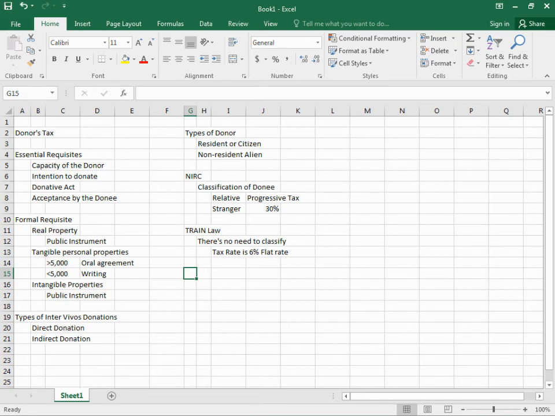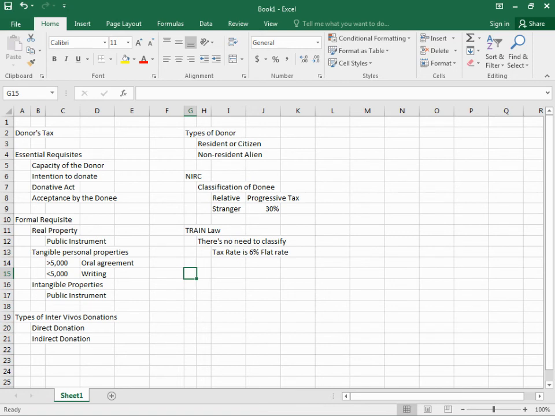Kapag specific renunciation, i-specify mo kung kanino mapupunta yung inheritance mo. Di ba? Wala ka namang ibang mapagbibigyan kundi isang heir. So that will be an exempt renunciation.